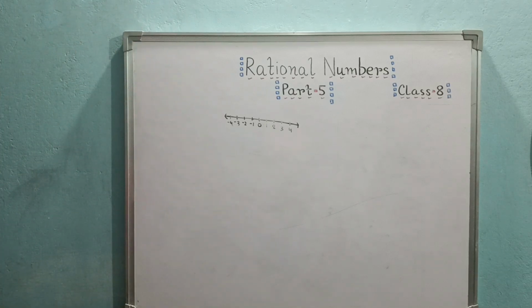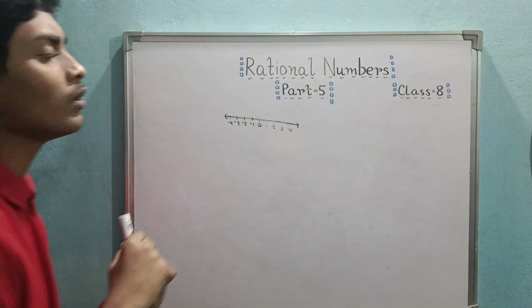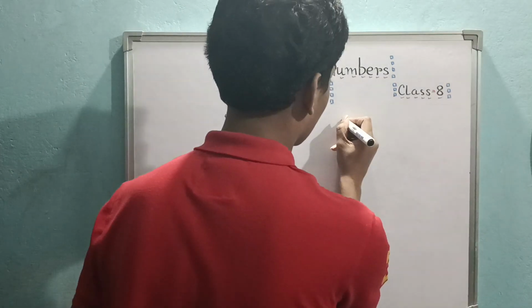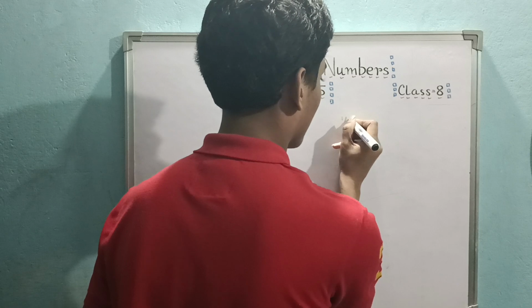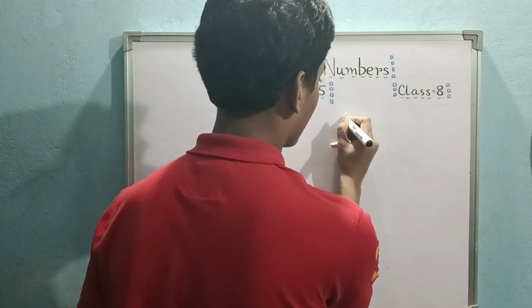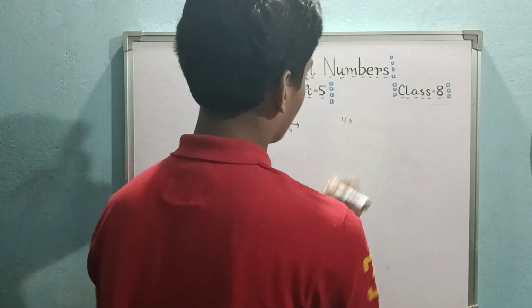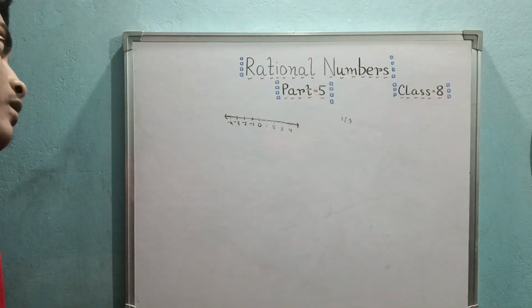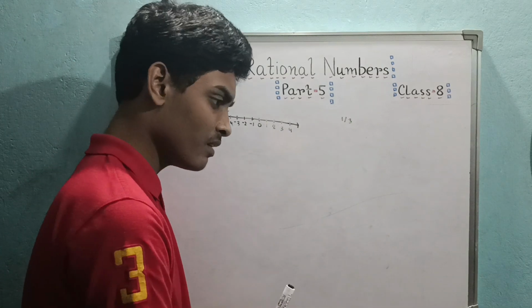So here, suppose I am giving you a question: 1/3. Find this number on the number line. Now you will be scratching your head. What is that now? You have been given a number. So what is 1/3? See, 0 means what? 0/3. Then 1/3 is there. Then 2/3 is there.